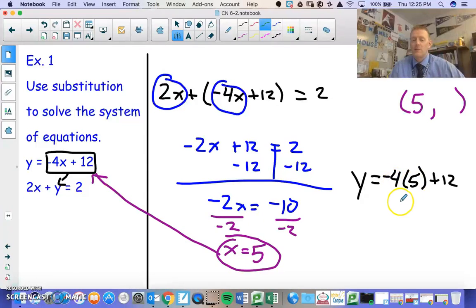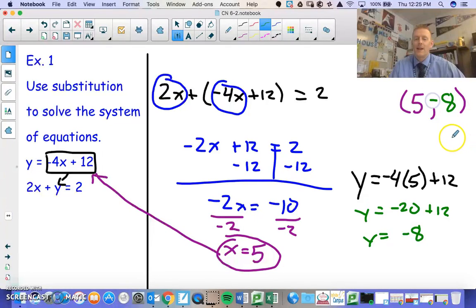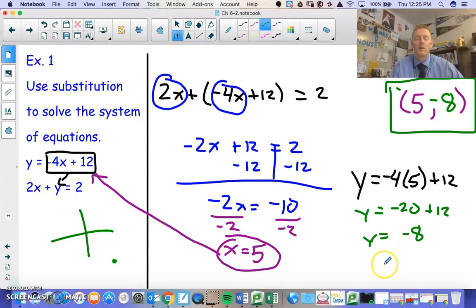So negative 4 times 5 makes negative 20, and negative 20 plus this 12 is what our y is equal to, and that's negative 8. So we have the ordered pair 5, negative 8. So if we were to graph those things, these two equations are going to be at to the right 5, down 8, and that's going to be the spot where the two lines intersect. So all of your answers must be in ordered pair form.